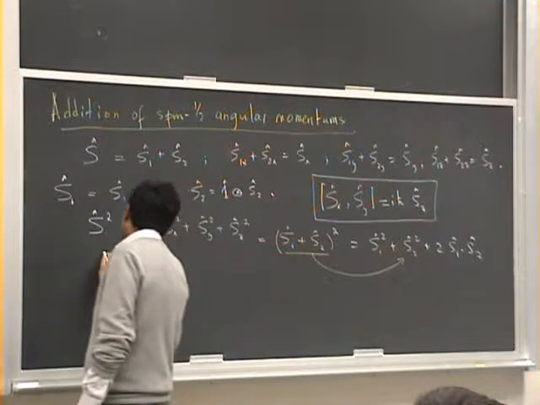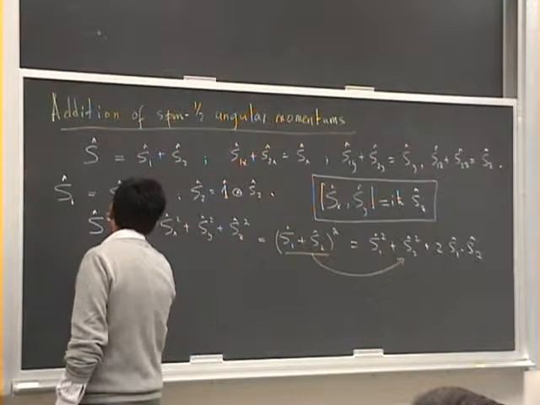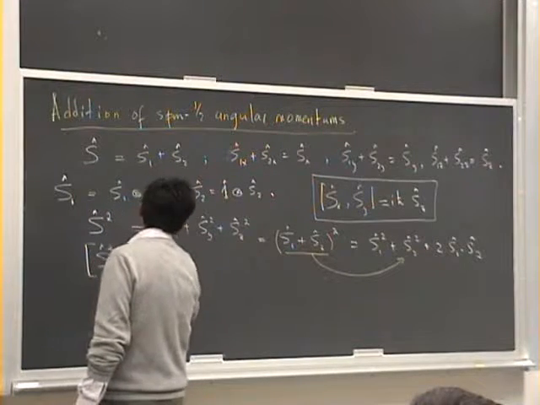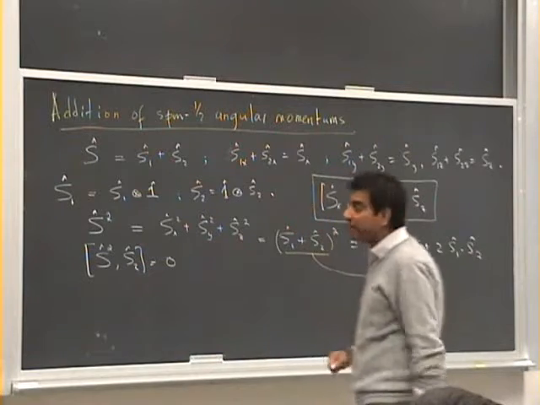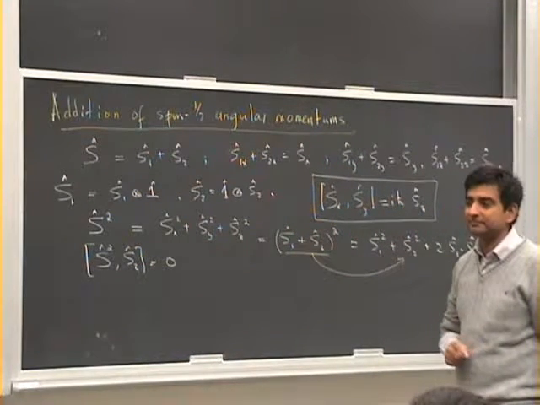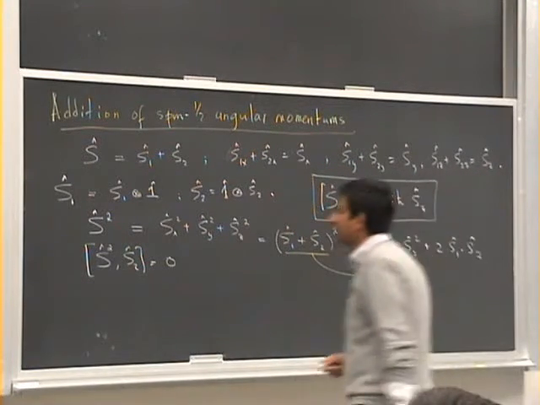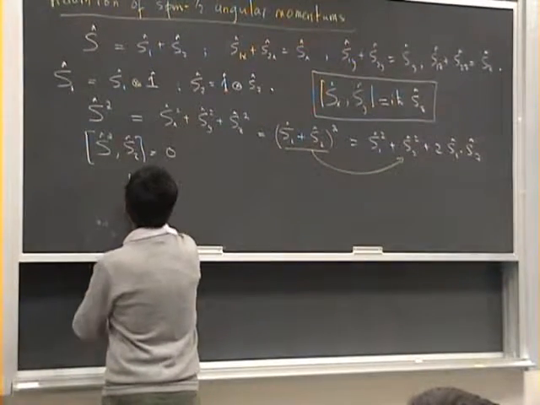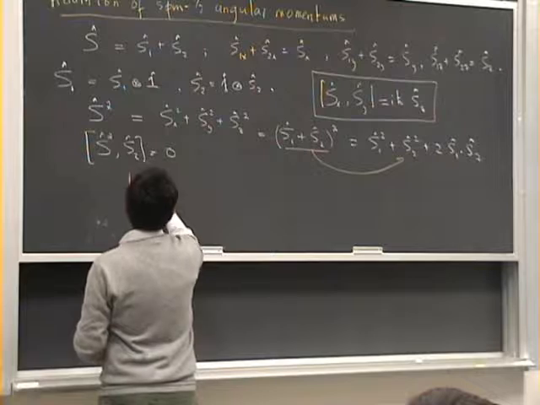So we can find joint eigenstates of S squared and Sz. In other words, since S squared commutes with Sz, we can find joint eigenstates. Now the joint eigenstates, let's label those by S semicolon MS.